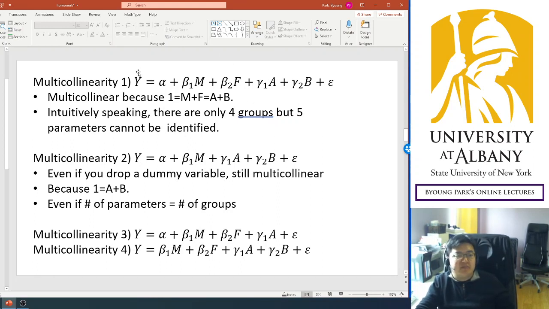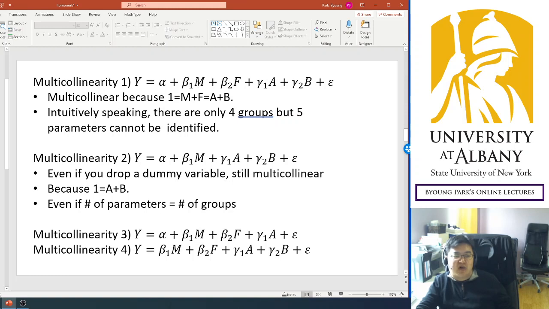The problem can be seen directly from the equation, considering the number of groups. You have 4 groups, but the equation has 5 parameters, so you cannot handle 5 parameters using 4 groups in your data. So it's not working.